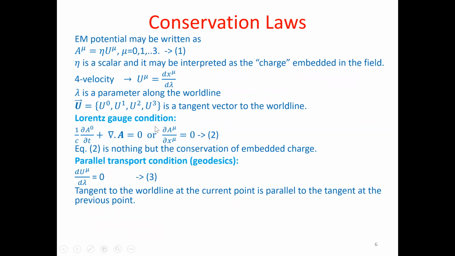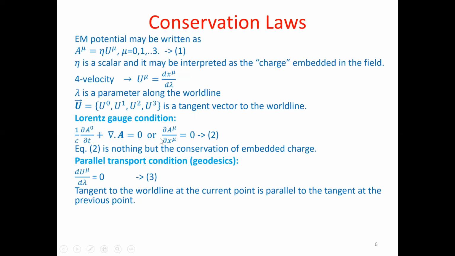Lorentz gauge condition is given by this well-known expression. Here A is the 3-dimensional vector potential, and this can be written in the tensor form as here. So Einstein's summation convention is used here.